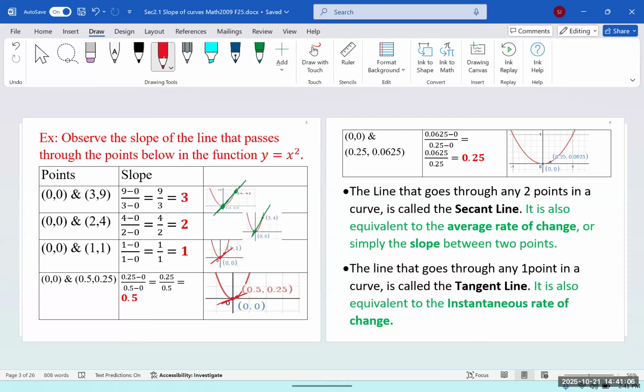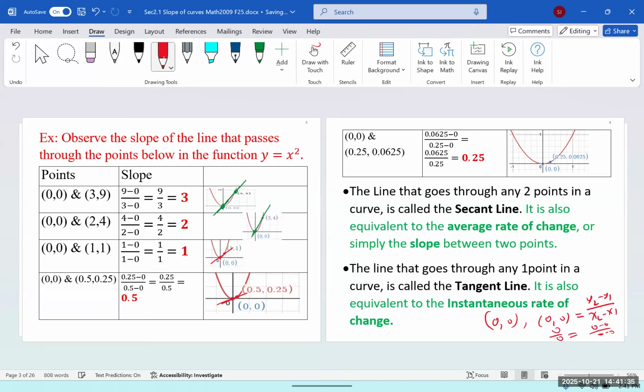Okay. Unfortunately, we cannot find exactly at 0 using 2 points. So if you want to find the slope of the line at 0, 0, then our second point will be 0, 0, right? If you want to use this formula, y2 minus y1 over x2 minus x1, we need 2 points. Everything is 0, 0, 0, 0.